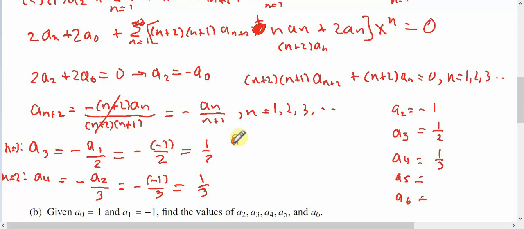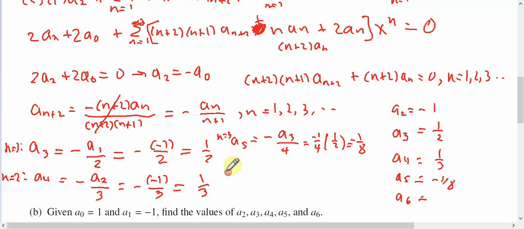And then we'll do a5. a5 from my recurrence relation, that's when I put in n equal 3. When n is 3, I get a5 equals minus a3 over 4. But a3 is 1/2, so I get minus 1/8.